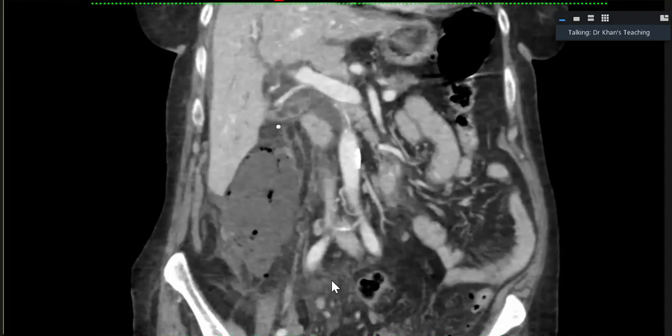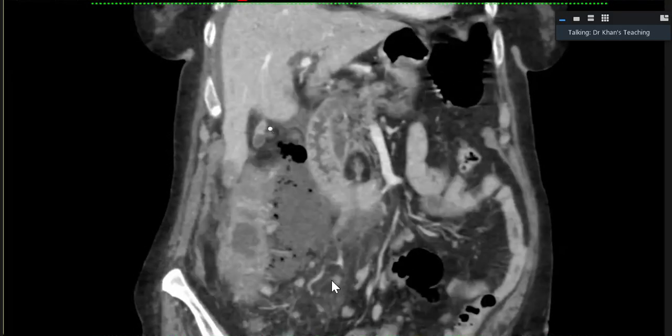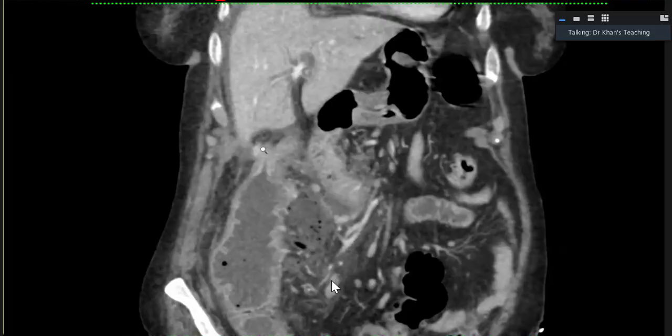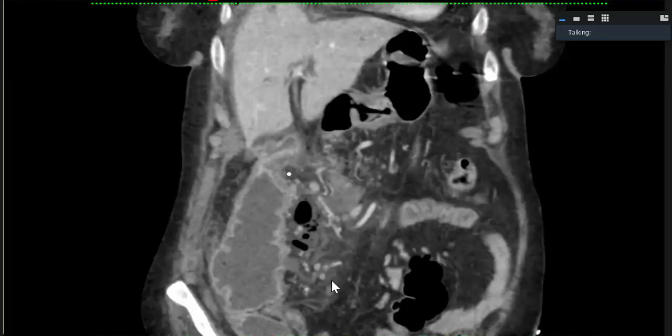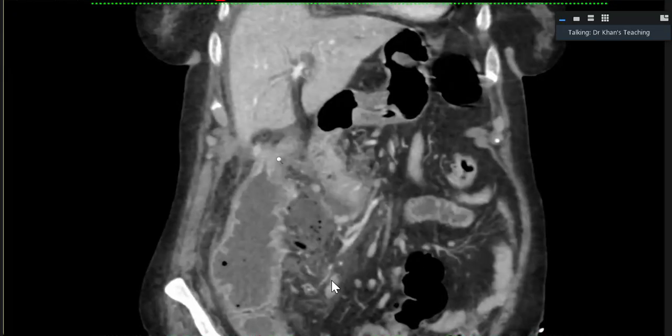This is the gallbladder, a contracted gallbladder. Please remember that whenever there is a fistula, the walls will enhance. So here it is communicating with the hepatic flexure or the junction with the ascending colon, and there is a stricture. This stricture is, of course, an inflammatory stricture.